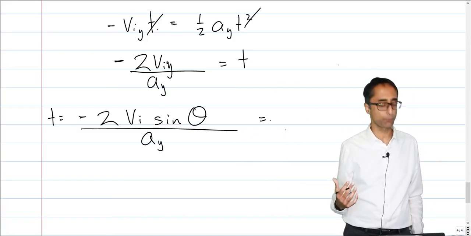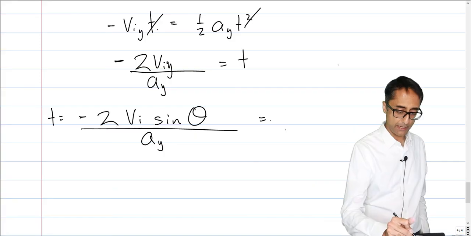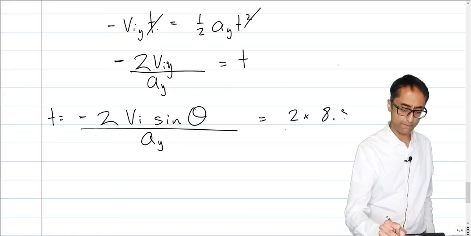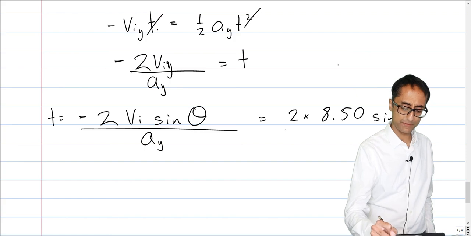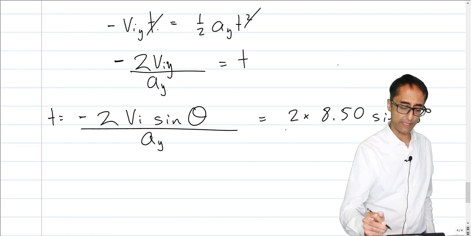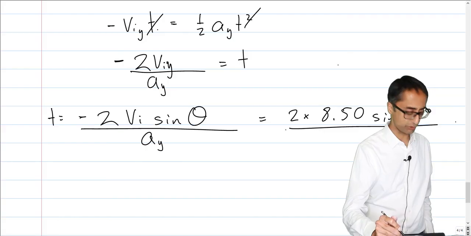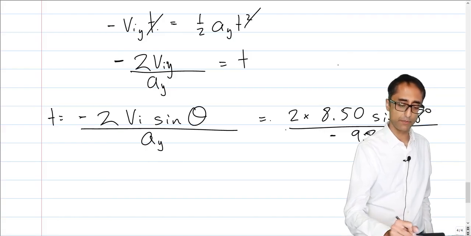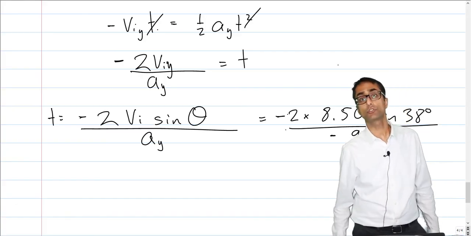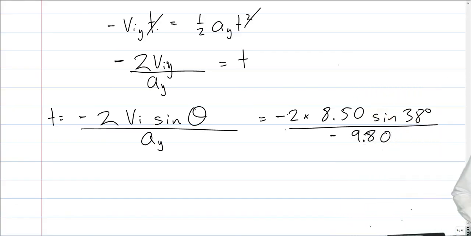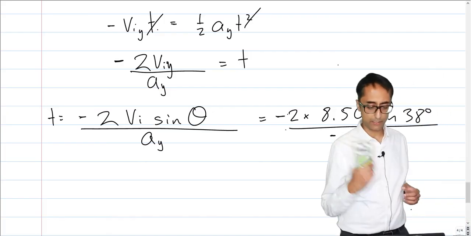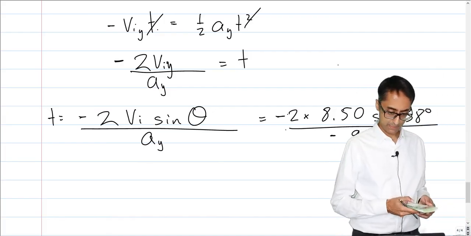It's going to start to get really messy. So let's find a number here. That's 2 times 8.50 times the sine of 38 degrees, all divided by minus 9.80. And there was a negative out here as well. So we've got 2 negatives that are going to cancel each other out. And we get our calculator going here and see what we get.